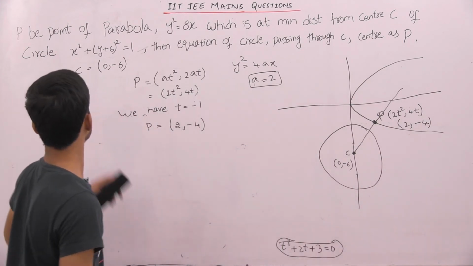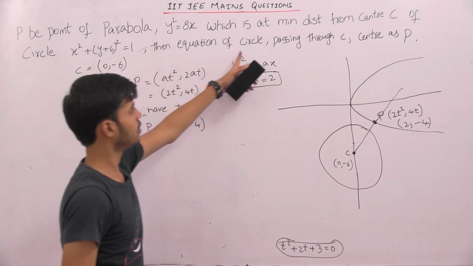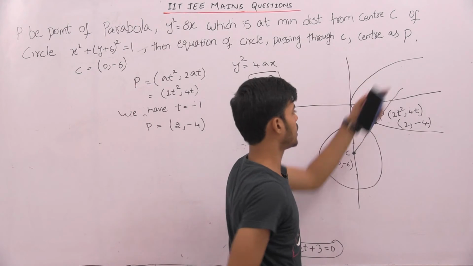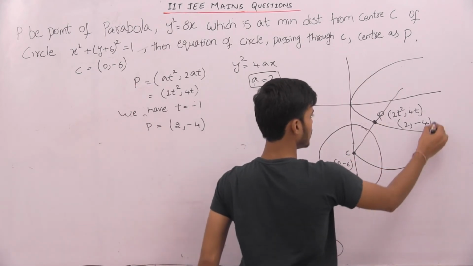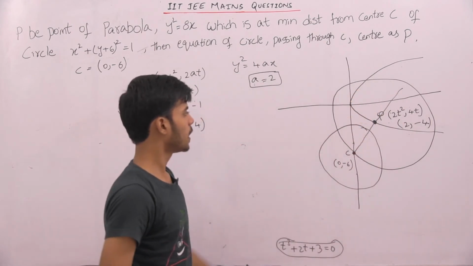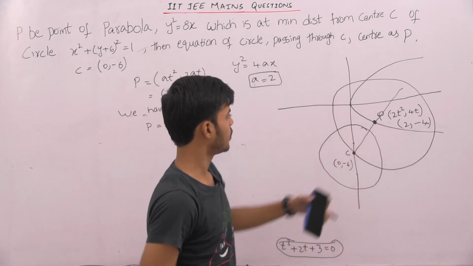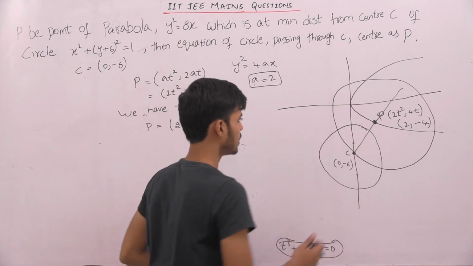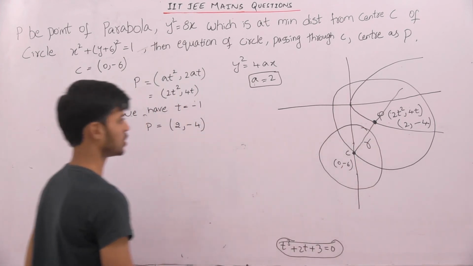Now we need the equation of a circle passing through C with P as center. Now we know the center and we know a point on the circle. So if we find this distance, which is the radius, we will be able to write the equation of the circle.